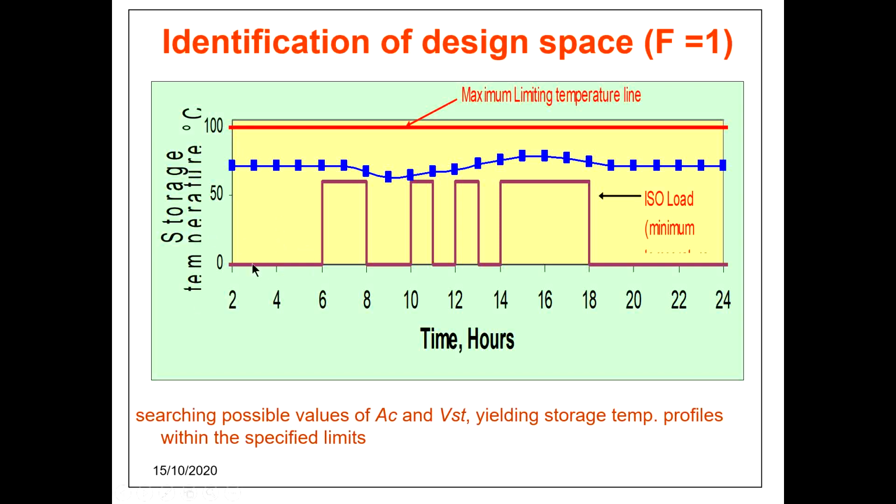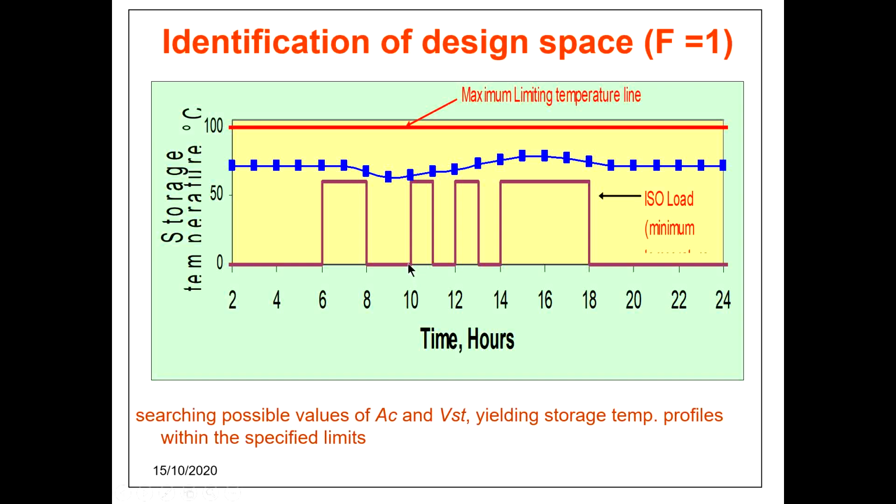Then on this characteristic, this ISO profile is superimposed. What does this indicate? This ISO storage profile indicates that between 6 o'clock in the morning and 8 o'clock in the morning, this much quantity of water is needed at 60 degrees Celsius.